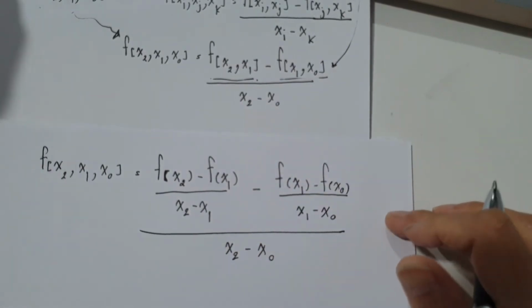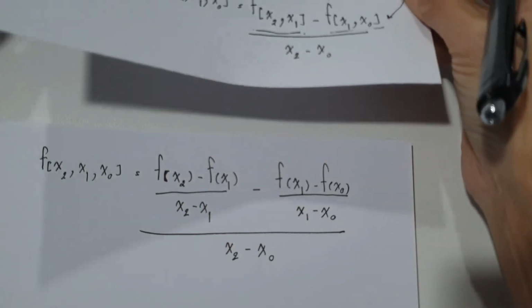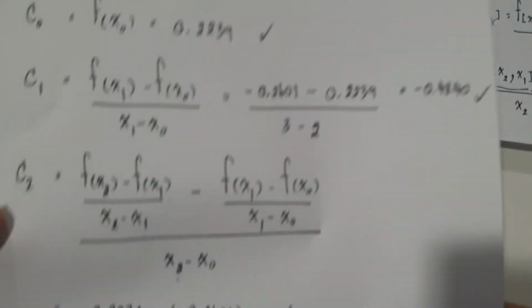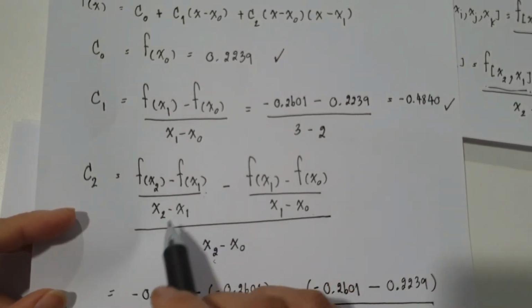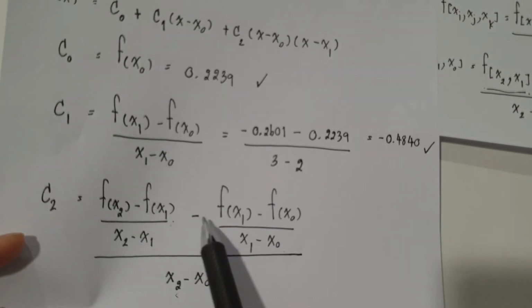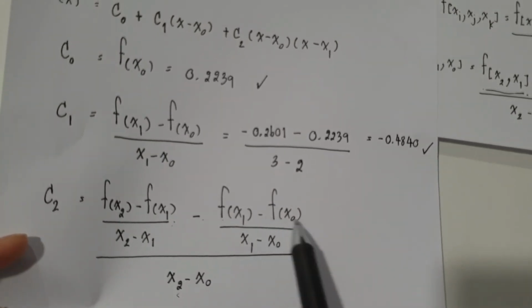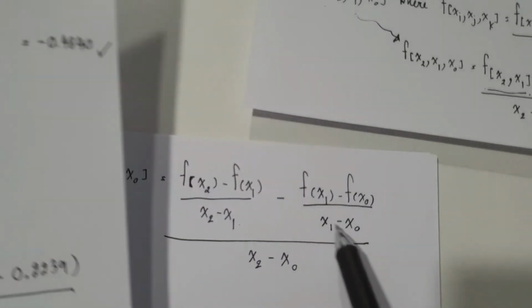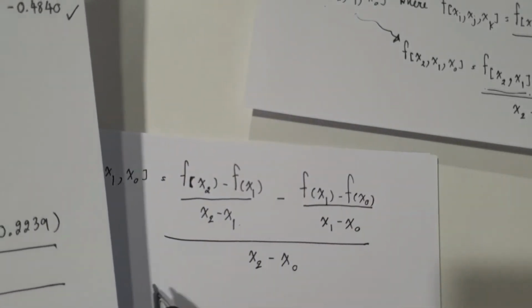So this is the formula that we derived before, right? It is almost the same: f(x2) minus f(x1) divided by x2 minus x1, minus f(x1) minus f(x0) divided by x1 minus x0. This term is also here.